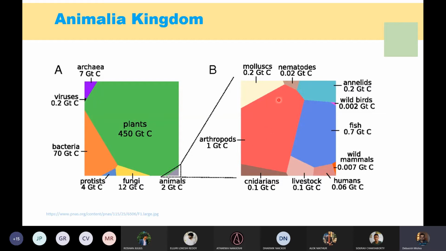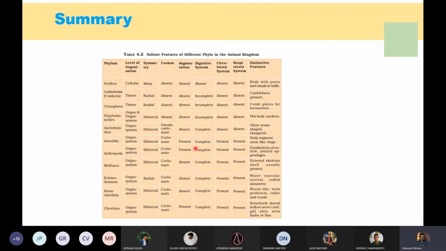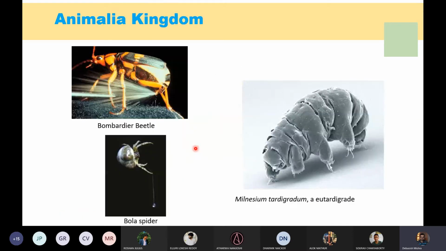These are all arthropods. Then in chordates, we have fishes, which have a true vertebrate. Humans are very few, but compared to many other organisms, humans are still good.